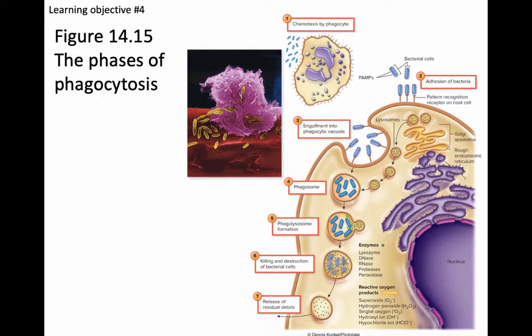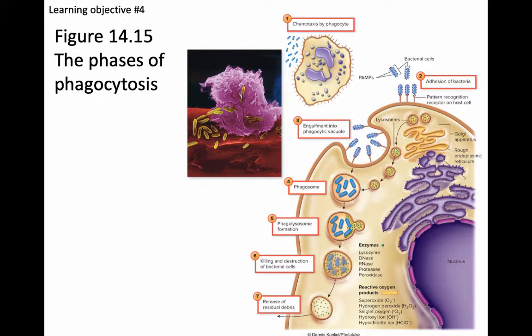So we have the phagocyte next to the bacteria, and then an up close image of that in the lower right corner on this figure. So in phagocytosis, which is how a phagocyte responds to a microbe, the first step is chemotaxis, and so this is the phagocyte following a chemical trail to find the invading microbe. So this is how the phagocyte finds the microbe.